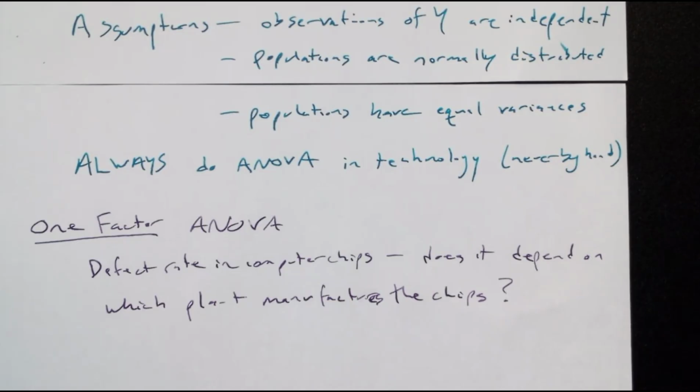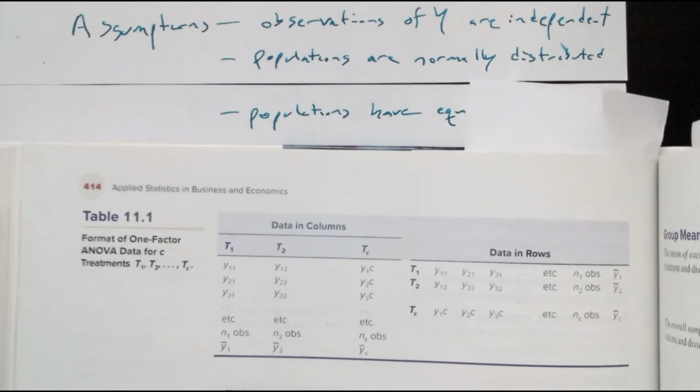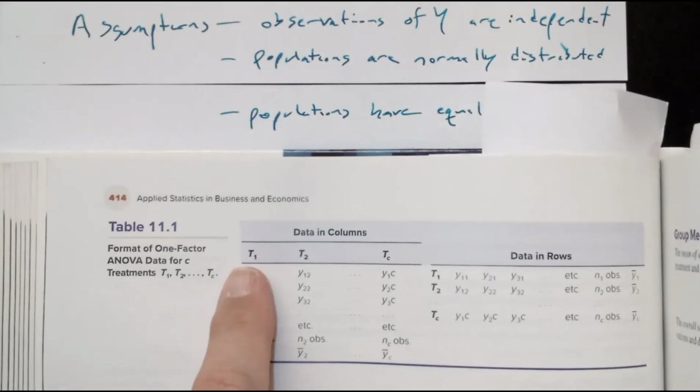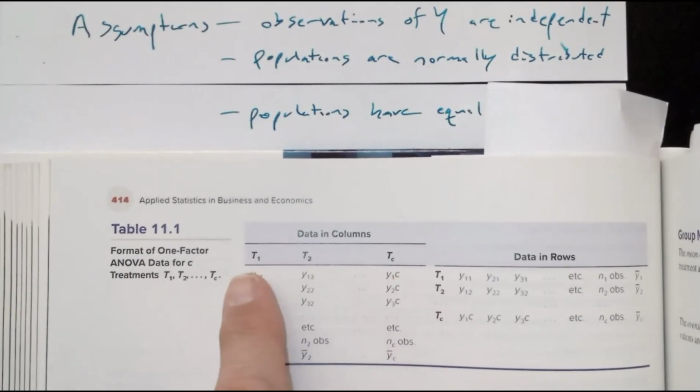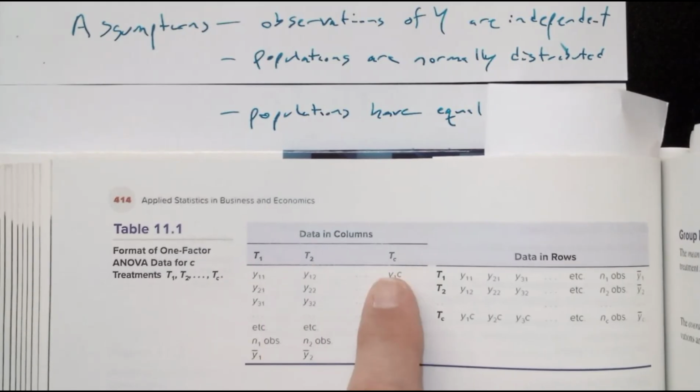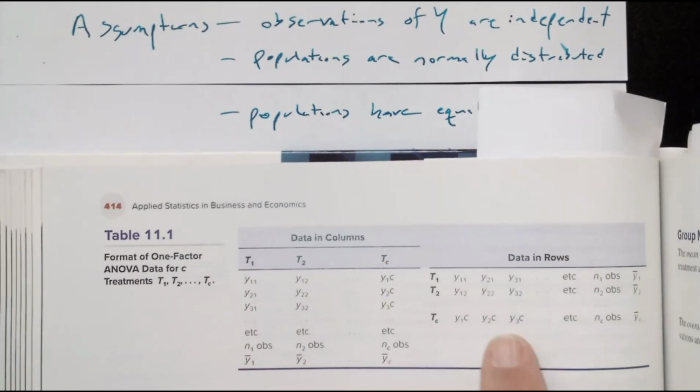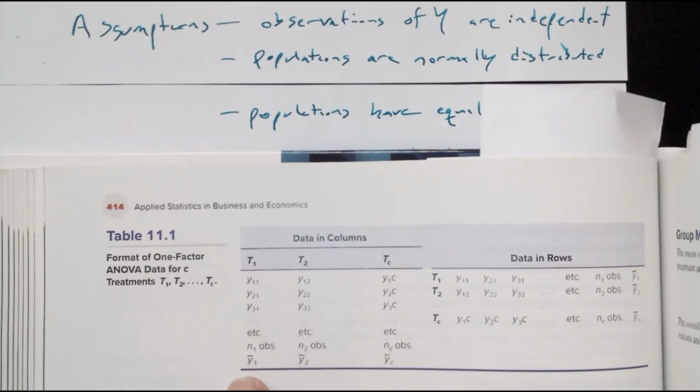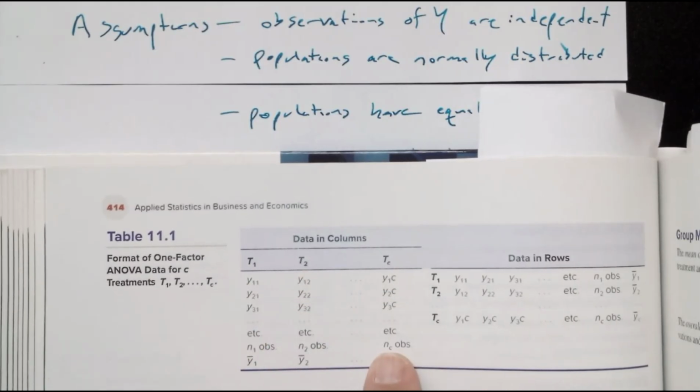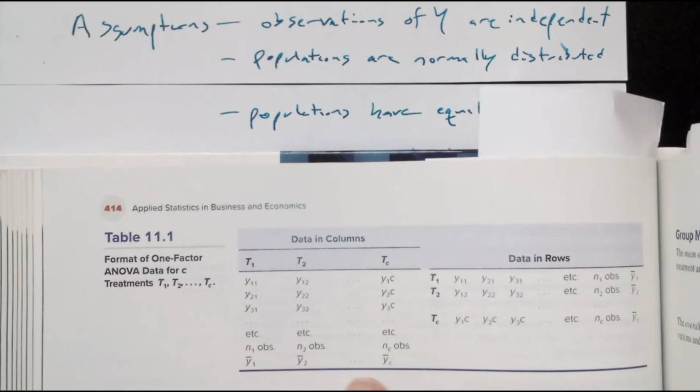What I'm really doing is making a linear equation problem. I got a lot of observations. I've got all of these different treatments, right? Different plants. Plant 1, plant 2, up to whether I'm doing it in columns or rows, doesn't matter. But I get a bunch of different observations for each one, and then I get a mean for each one.